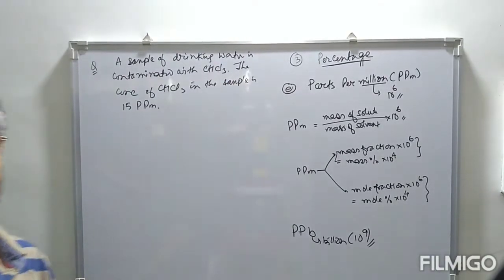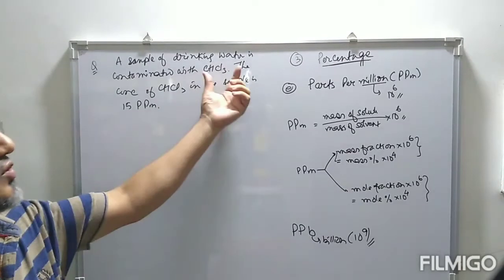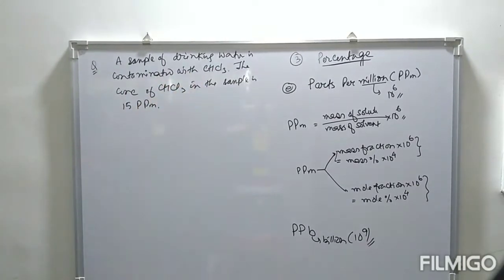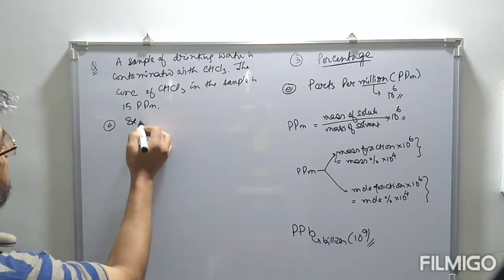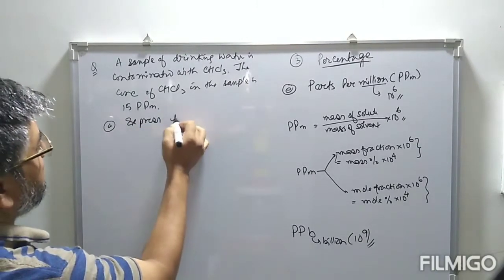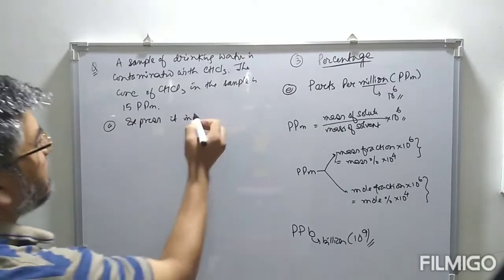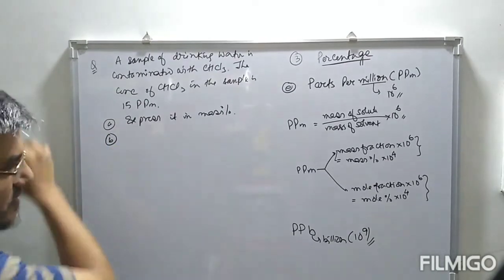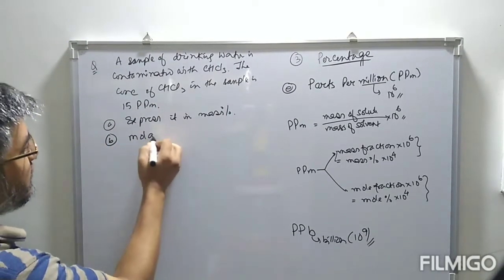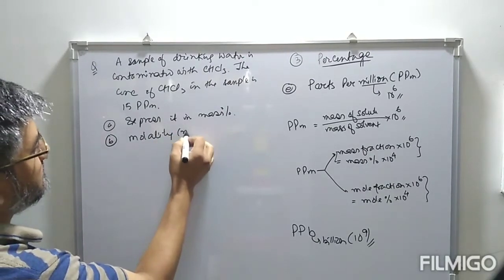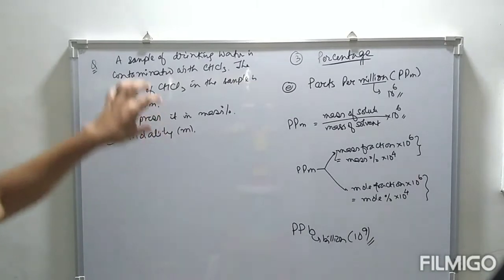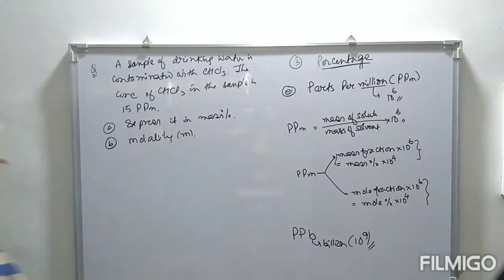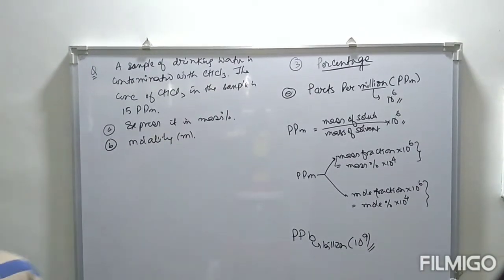So we have a sample of drinking water contaminated with chloroform, CHCl3, and the concentration of chloroform in the sample is 15 parts per million. The question says: express this in mass percent. Second, find the molality of the solution. So first express this 15 parts per million into mass percent, and then finally the question asks what is the molality of chloroform in the sample.